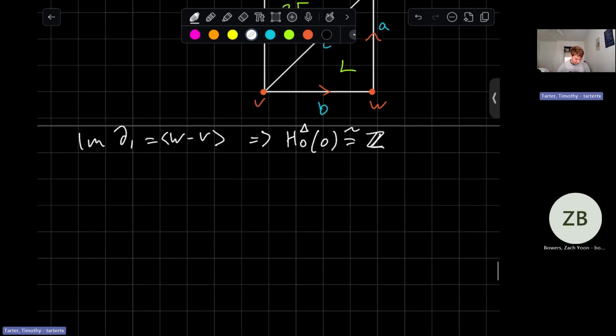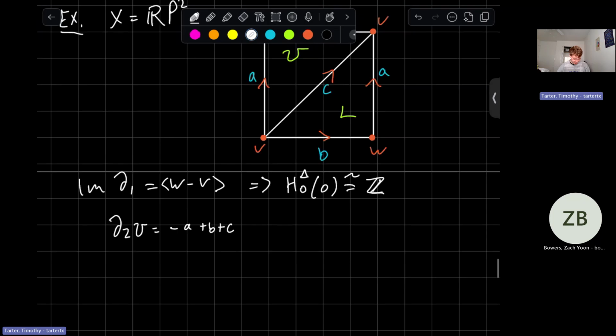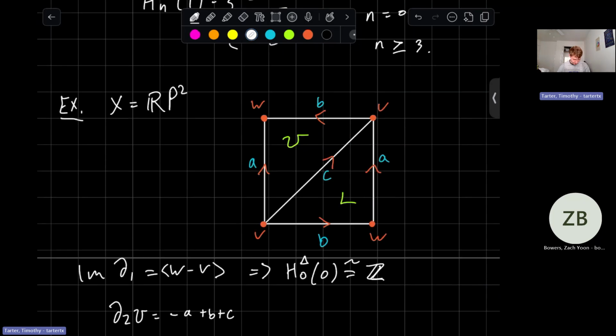Since partial 2 of U is minus A plus B plus C minus A plus B. I think I wrote that wrong.